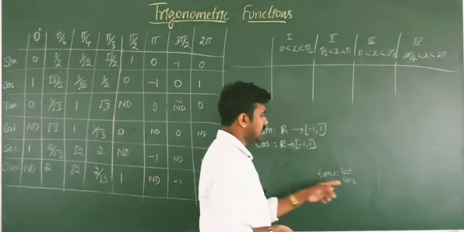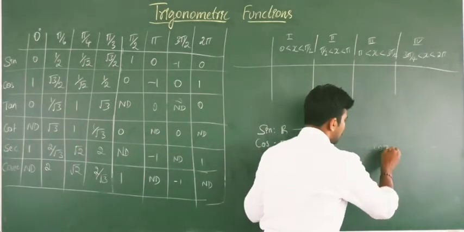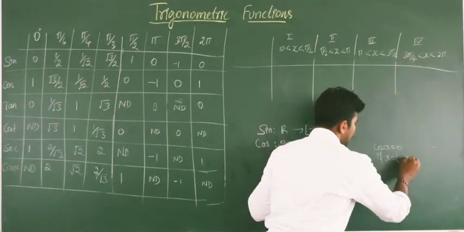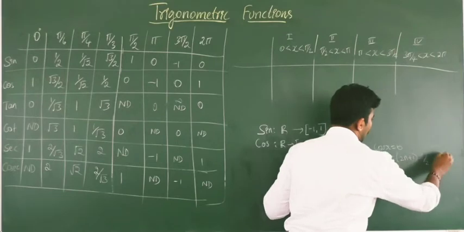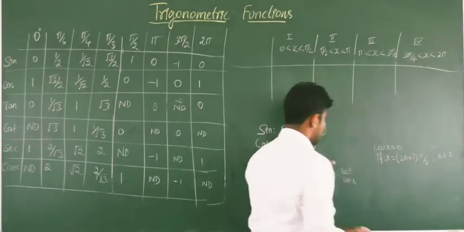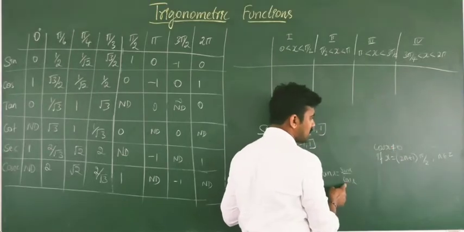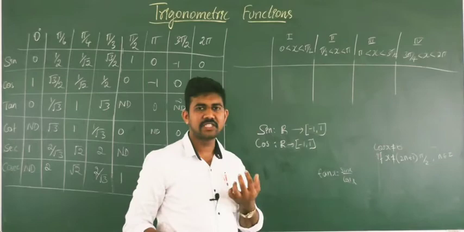Here the denominator should not be equal to 0. cos x is equal to 0 when x is an odd integral multiple of pi by 2. Since cos x must not be 0, the denominator should not be 0, so x is not equal to this value; only then is the tan function defined.